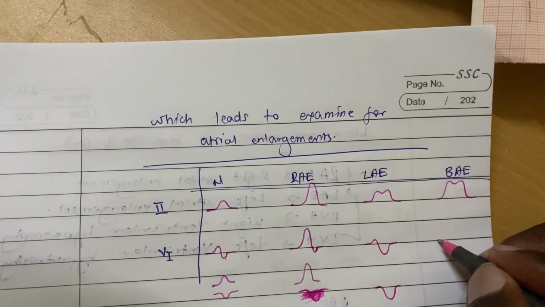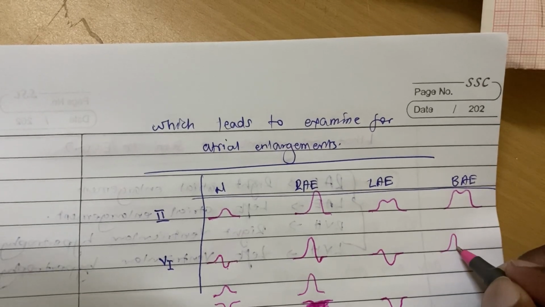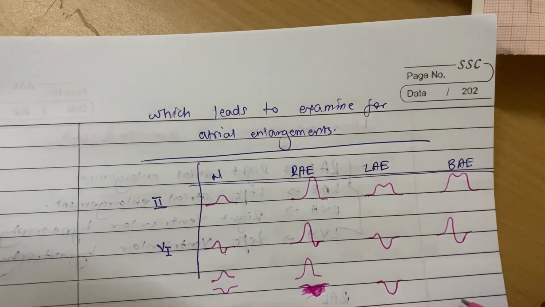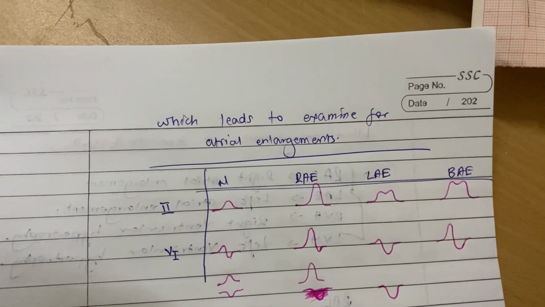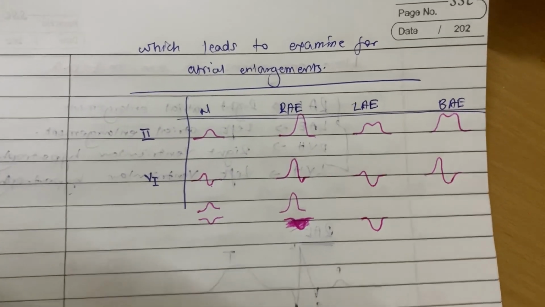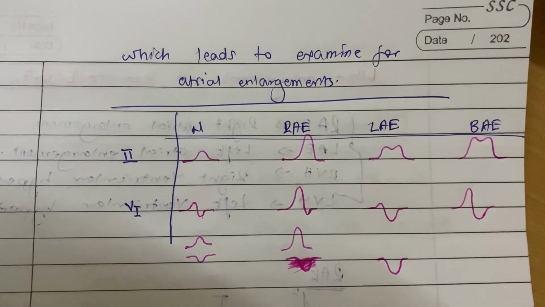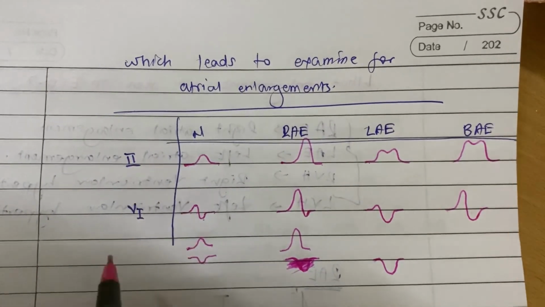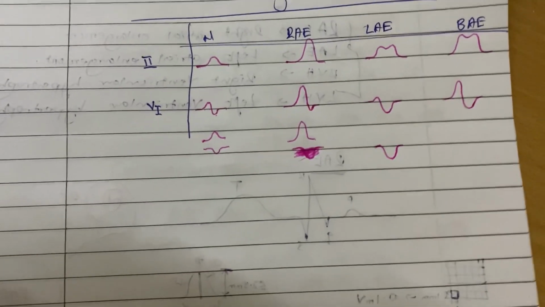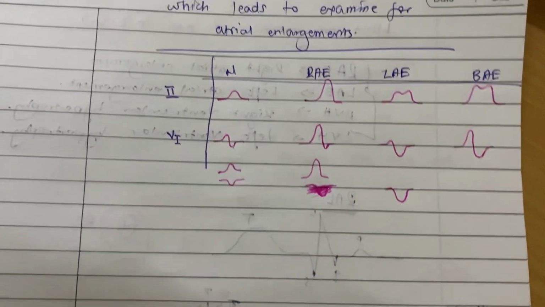Then when you combine both, a tall component and wide. Yes, so these are the morphologies of P waves in those pathologies. We check lead 2 and lead V1, any of those two. Otherwise, we have to look at all ECG leads.